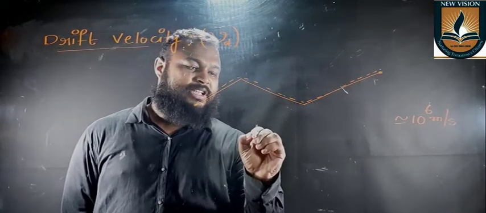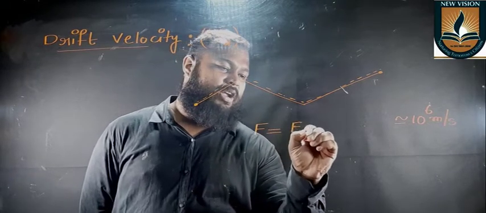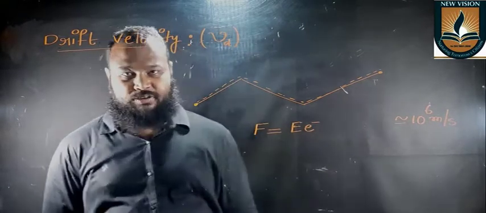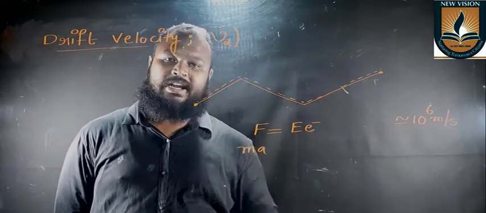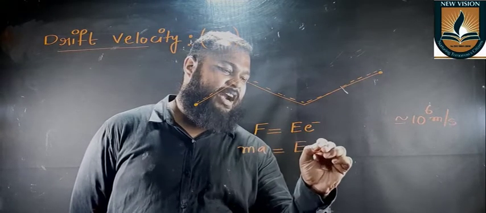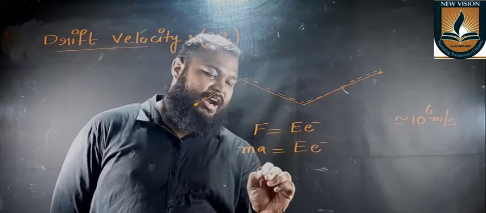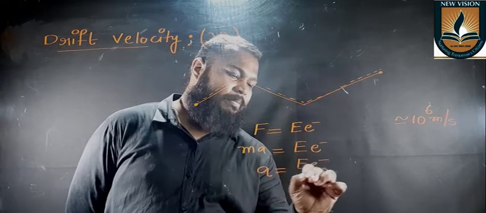We know the force acting on the electron is F equal to eE, which is opposite to the direction of the electric field. We can write F equal to ma from Newton's second law. So ma is equal to eE, where E is the electric field and e is the charge of the electron, and hence the acceleration of the electron is eE upon m.